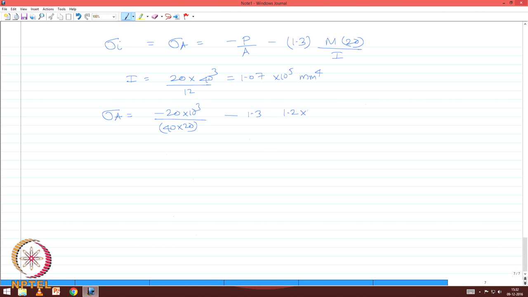So, 1.2 into 10 power 6, that is the moment, and 20 is the distance of the intrados fiber from the centroidal axis divided by 1.07 into 10 power 5, the moment of inertia, which I will get this value as minus 316.59, which is compression at the point A.